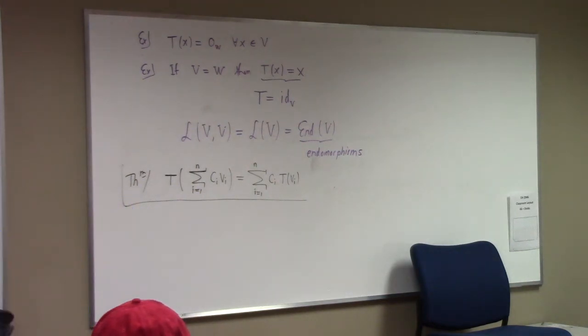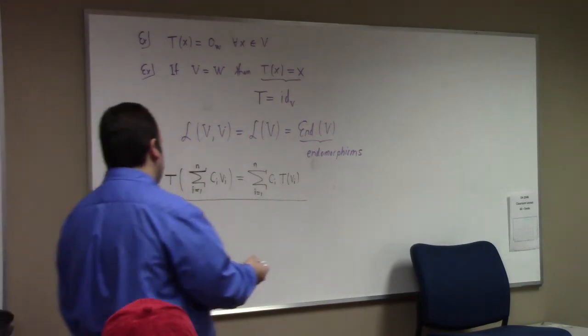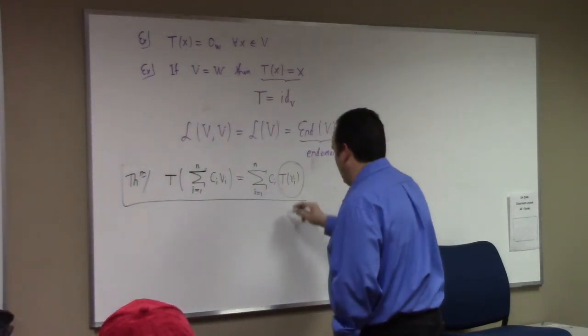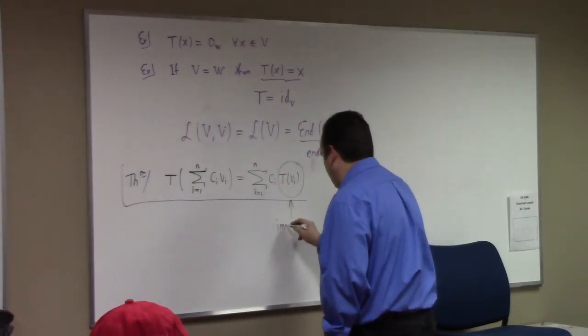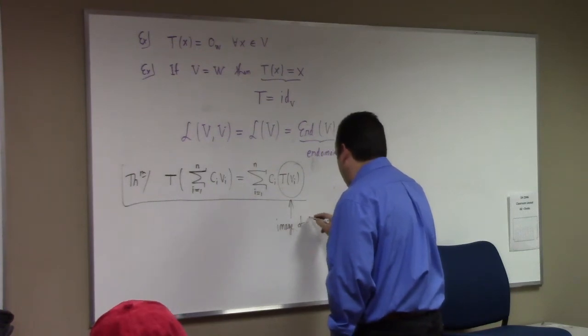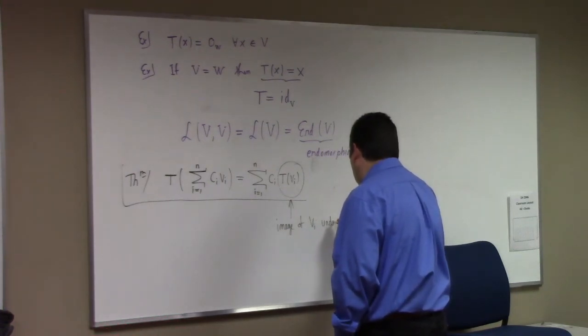If you have it for 2 things, you have it for n things, right? The linear transformation of a linear combination is the linear combination of the images. Images, what do I mean by images? This is the image of v sub i under T.